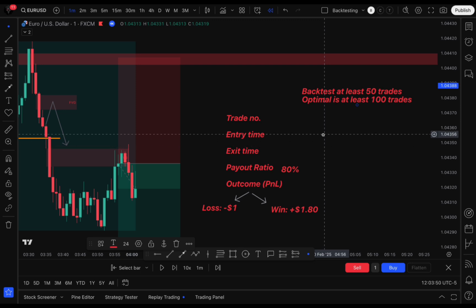So just remember, guys, you can of course practice on a demo account and test your strategies on a demo account, which I highly recommend. But I also recommend backtesting. For example, if you have a new strategy, I would recommend to backtest it first. If it's okay and if it's profitable, then start live demo testing, which you can use platforms like Pocket Option, which I leave a link in the description, to easily sign up and create a free demo account and use it for how long you like.